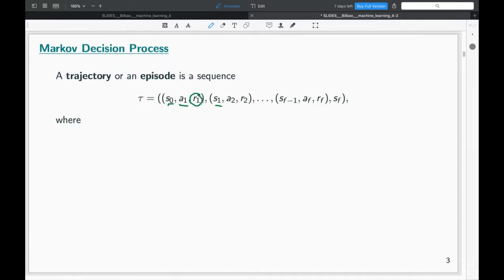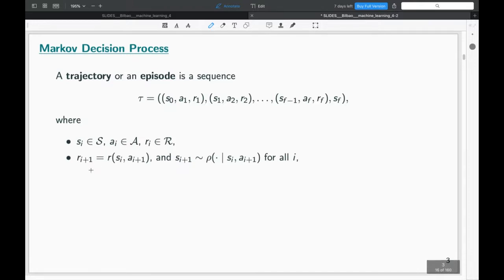R1 is the reward of taking action A1 at state S0, and S1 is the state where you move to after taking action A1 at state S0. So the S's are states, the A's are actions, the Ri's are rewards. Ri plus 1 is the reward of taking this action at this state, and Si plus 1 is sampled from this distribution.